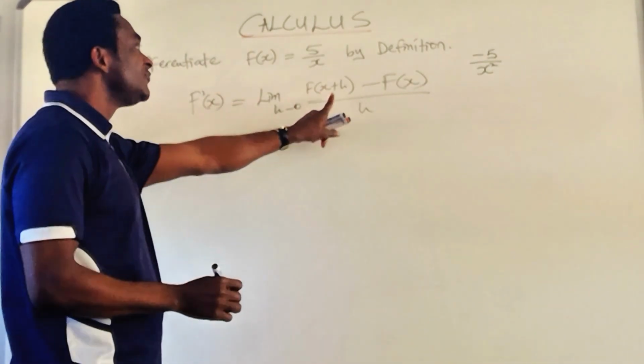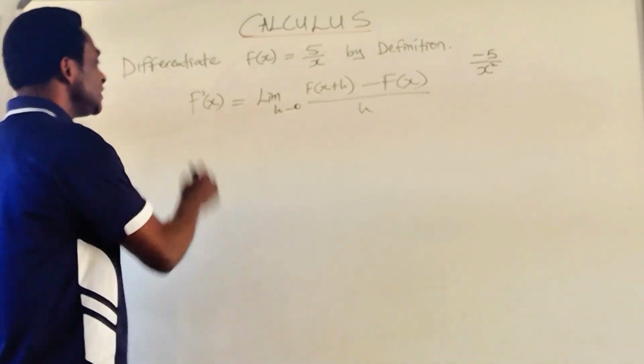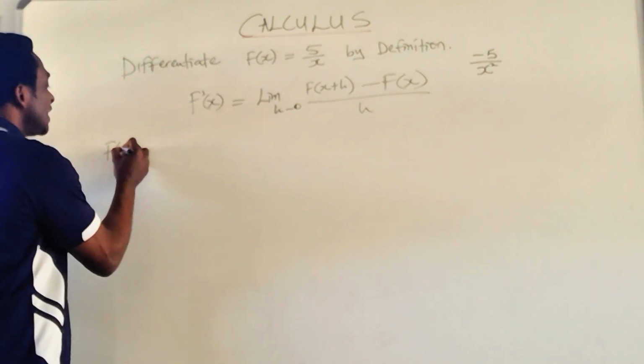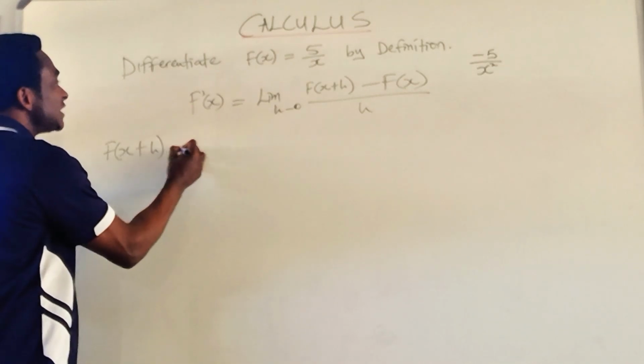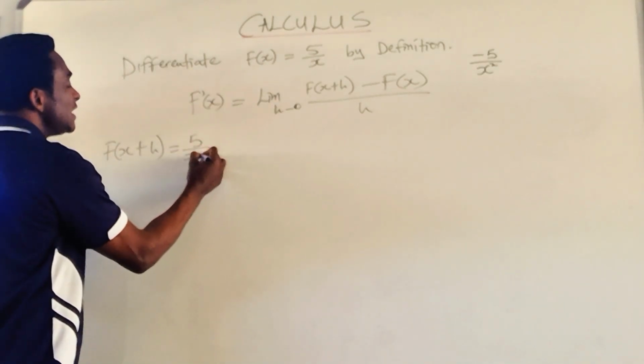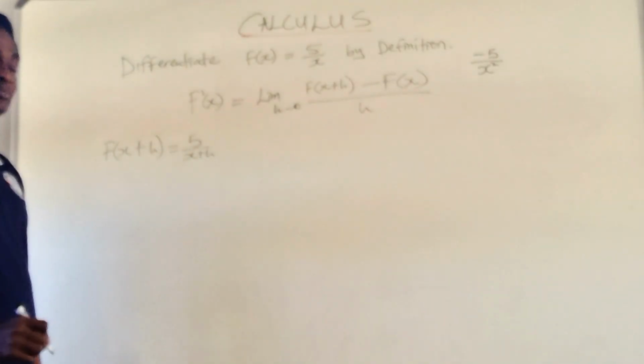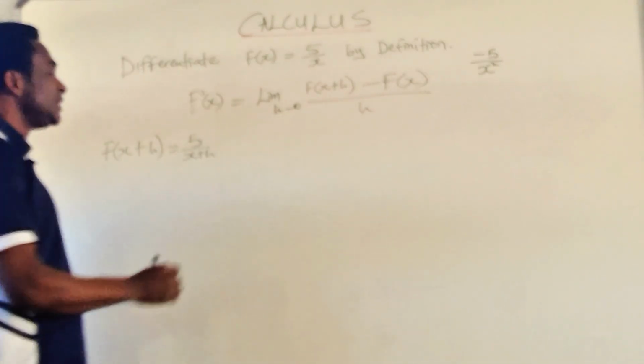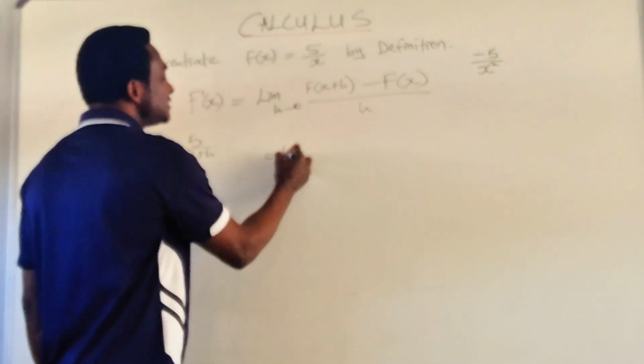So what we don't have here is our f of x plus h. So we go to that and get our f of x plus h by replacing our x with x plus h.